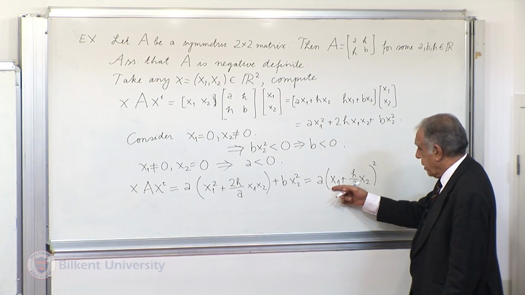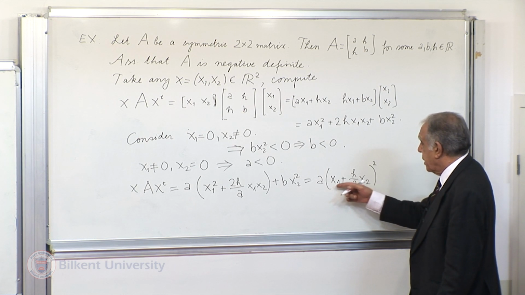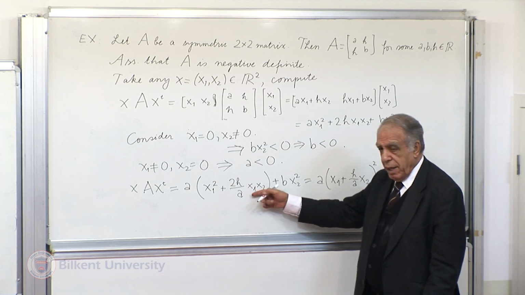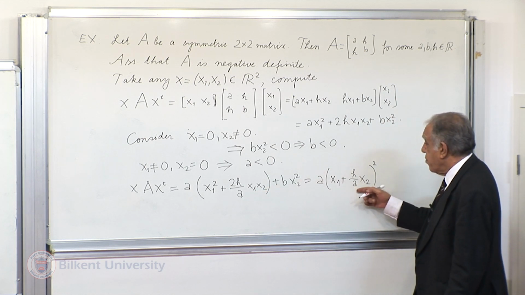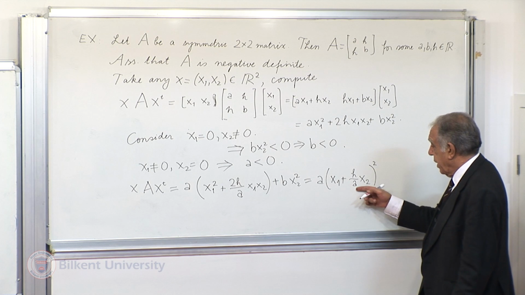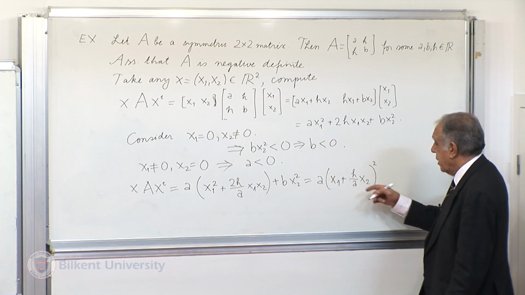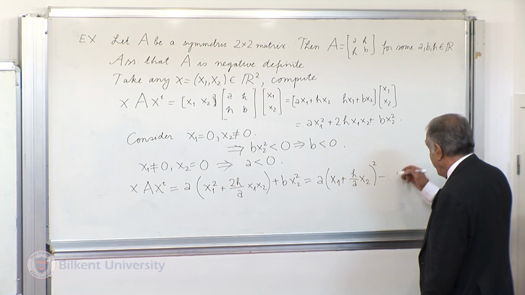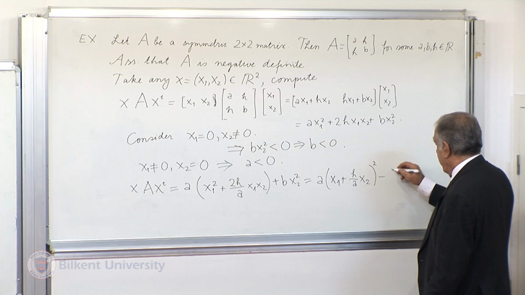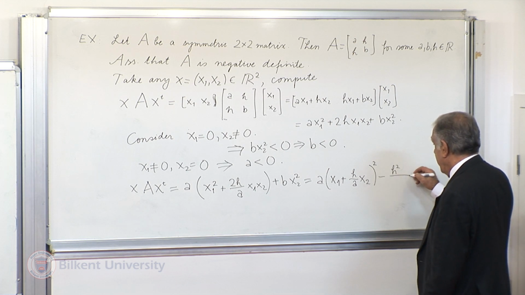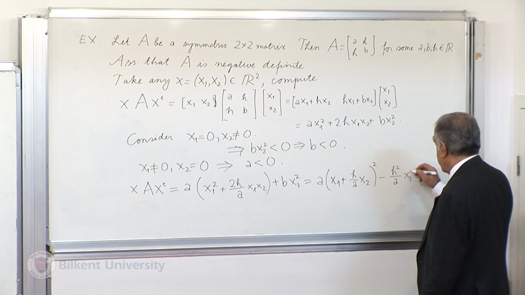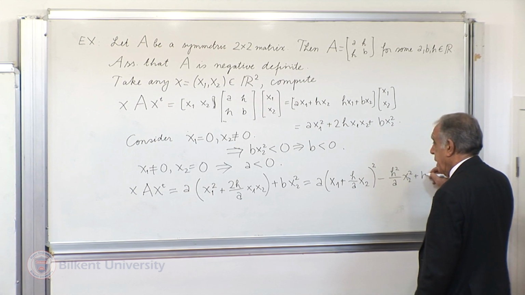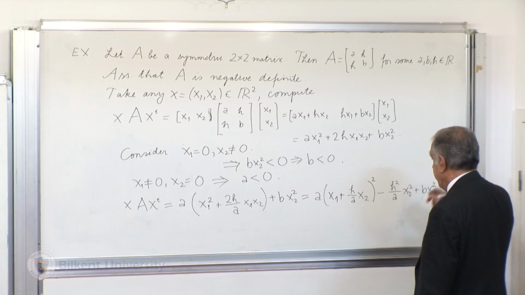Now, if this is expanded, we'll have x1 squared plus 2x1 x2 h over a, which is this, but we'll have one more term, h squared over a squared x2 squared, but that multiplied by this. So, to keep the budget balanced, let's take that times x2 squared, and I have this plus b x2 squared.